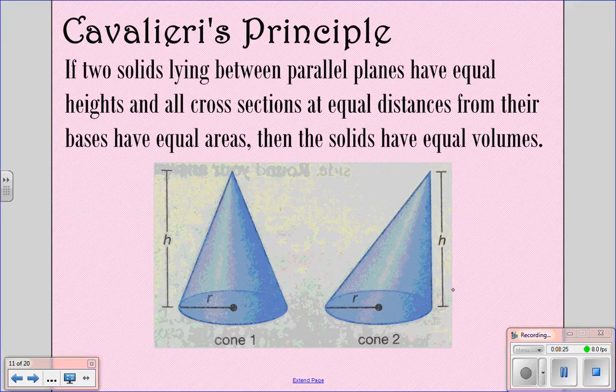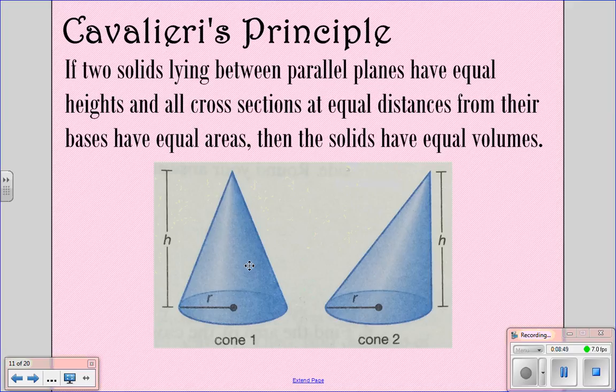Looking at Cavalieri's principle, if two solids lying between parallel planes have equal heights and all cross sections at equal distances from their bases have equal areas, then the solids have equal volumes. So they're lying between parallel planes. So these are on the same plane, and then the vertices are on the same plane.